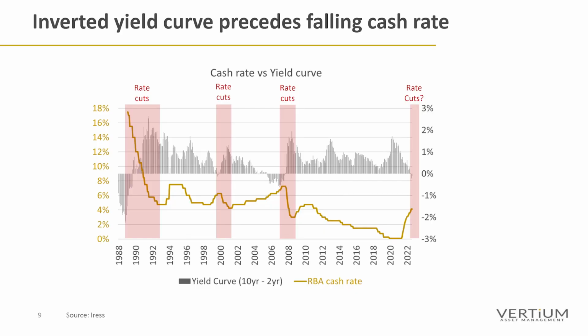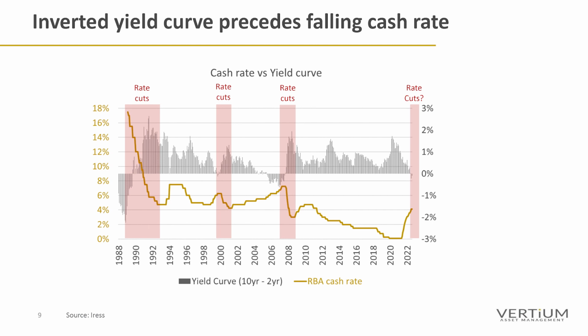So typically, an inverted yield curve precedes a falling cash rate. Right? So what do I mean by inverted yield curve? Basically, we're measuring the yield on offer on a long-term bond versus the yield on offer on a short-term bond. If the long-term bond yield is lower than the short-term bond, basically the bond market is saying something is wrong.